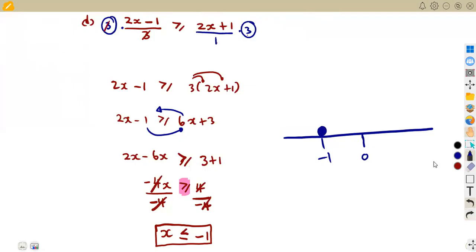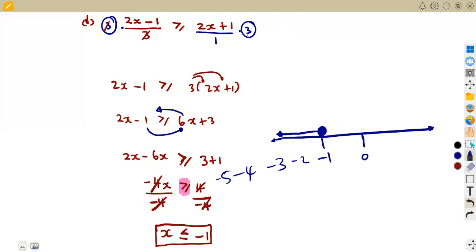Then you ask yourself, which direction am I going to take? Which values are less than negative 1? Is it to the left or to the right? Values which are smaller than minus 1 are found on the left side, okay? So you point an arrow to show the direction of your values, to the left side where there's minus 2, minus 3, minus 4, minus 5.